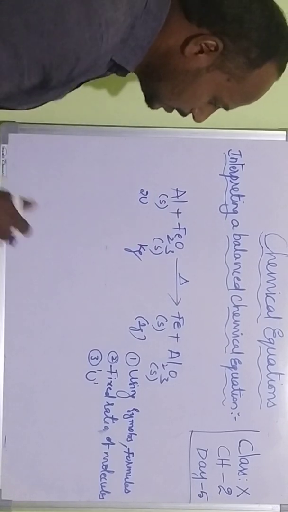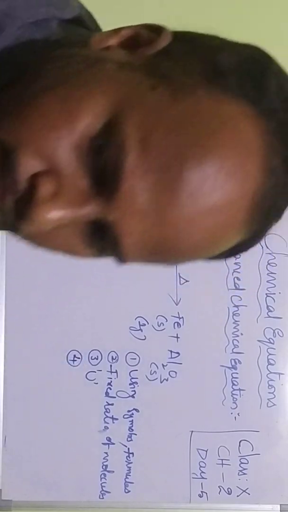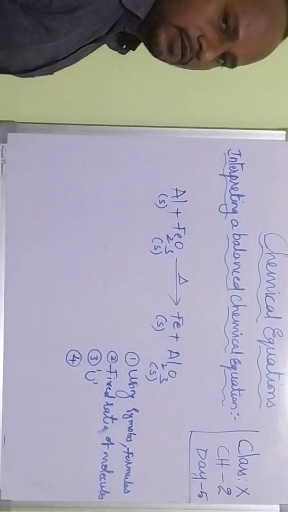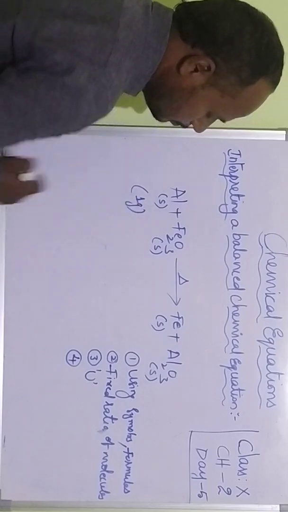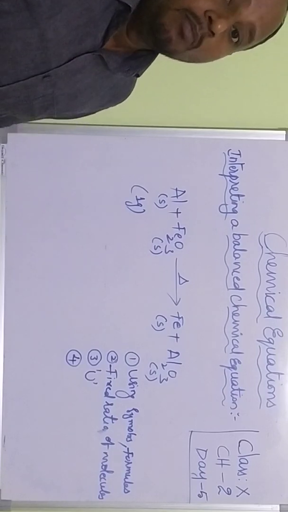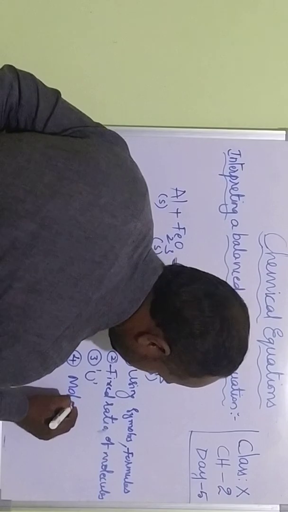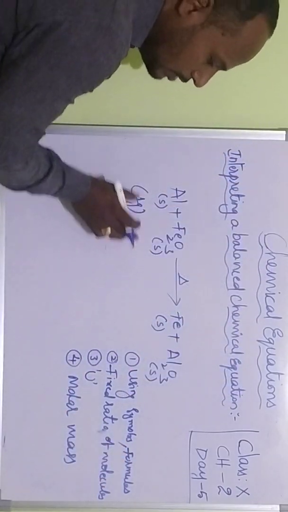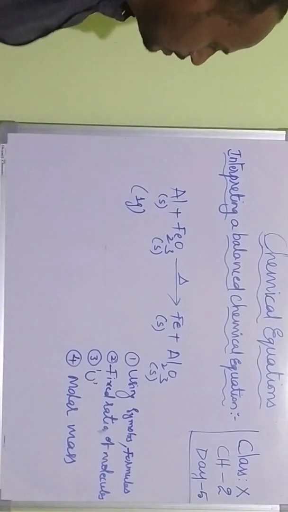Right? That is one. And the fourth one, if the reaction is given in grams, for example 1 gram of aluminium, the rest must be in grams only. We can call these molar mass values. For example, grams we can convert into molar masses. 1 gram equal to 1 mole, right? So then we can convert them into molar grams.